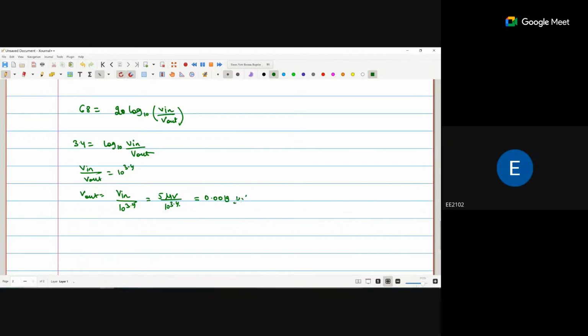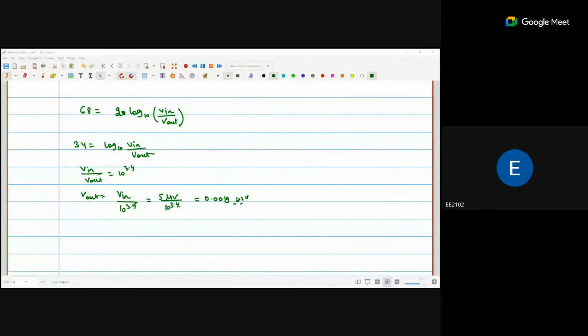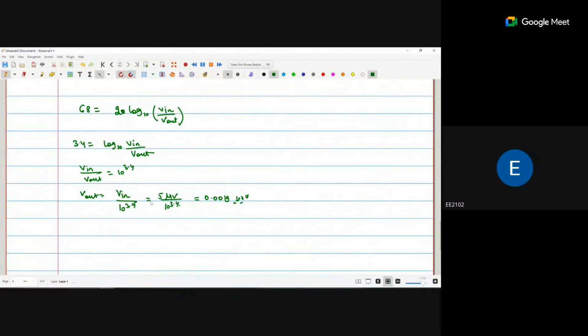Okay, let me check. I'll use another value. Maybe I used the 28, that is for 100 kilohertz.